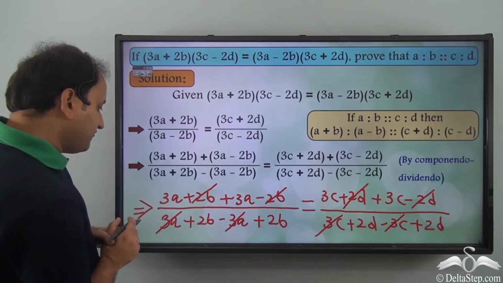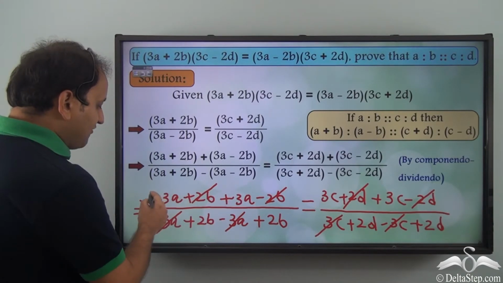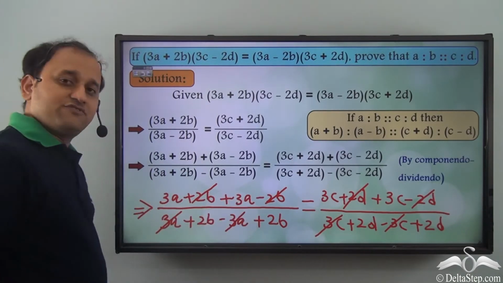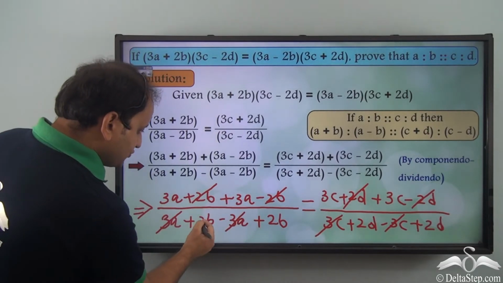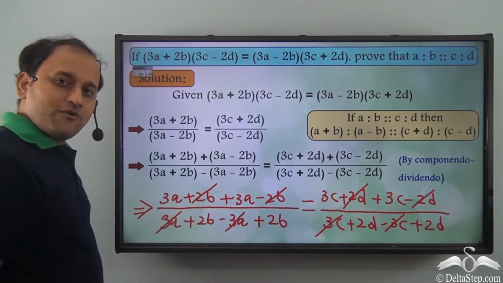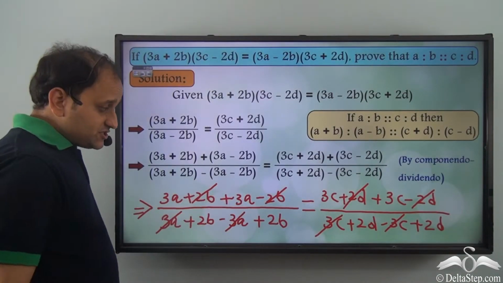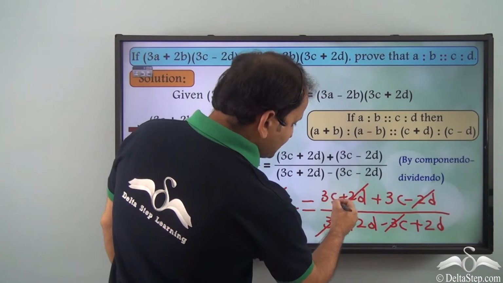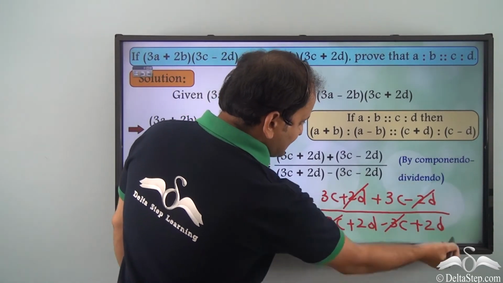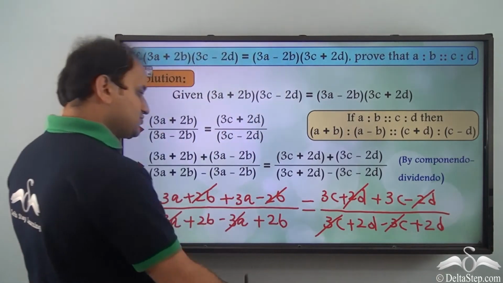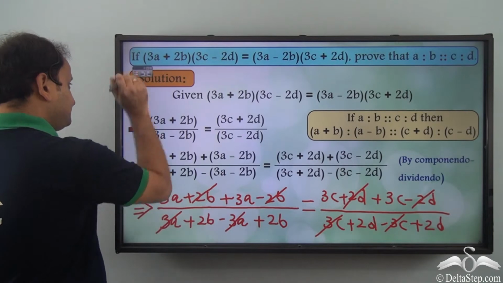So what are we left with? Here on the LHS we have 3a plus 3a, which is 6a, and we have 2b plus 2b, 4b. So 6a by 4b on the LHS, and we have 3c plus 3c, that is 6c, by 2d plus 2d, that is 4d. So 6c by 4d on the RHS.